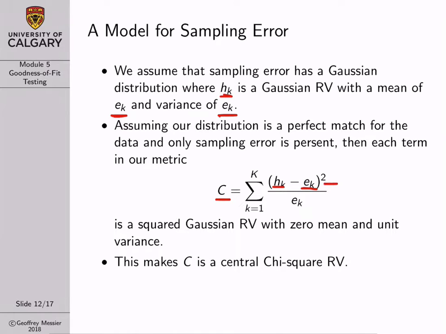We then square it, divide it by e_k, which we assume is our variance. And basically what we're doing is taking the summation of K squared zero mean Gaussian random variables. So in other words, we're assuming that C is a central chi-squared random variable and corresponds to that distribution.